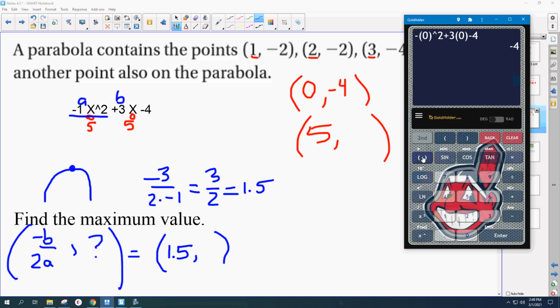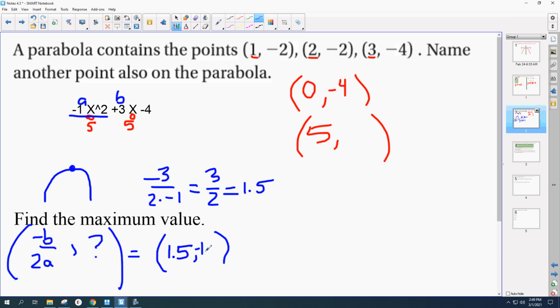And that something is going to be whatever we get when we plug in that number. So we would have -1.5 squared plus 3 times 1.5 minus 4. Negative 1.75.